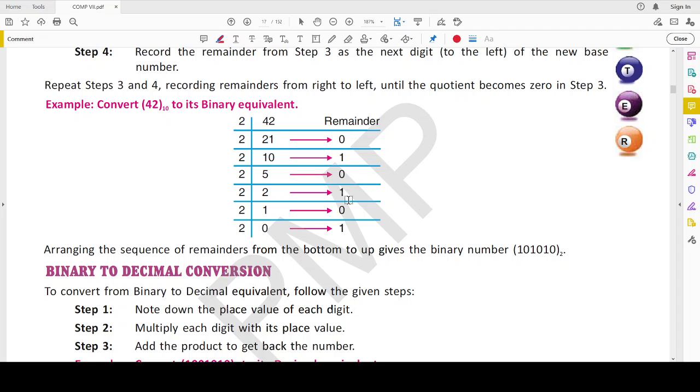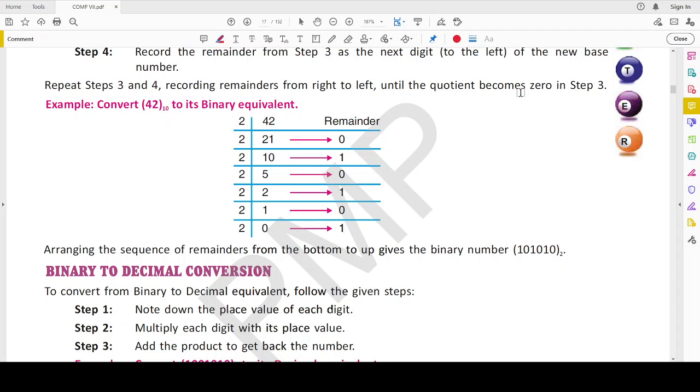Now you have got all the remainders after division. Write the remainders from bottom to up. Right? Record the remainder as the next digit to the left of the new base number, recording the remainders from right to left until the quotient is 0.